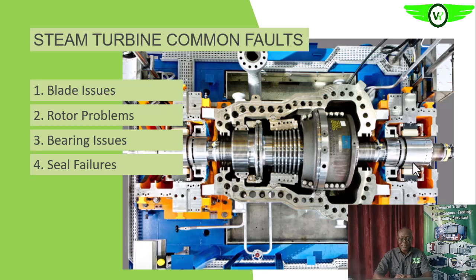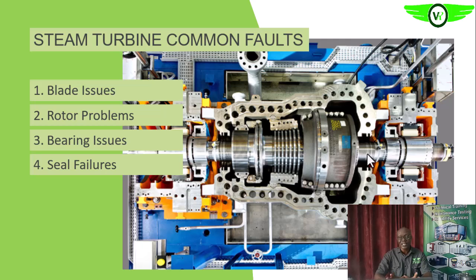Then seal, mechanical seal failure. Remember earlier in the section we discussed the function of the seal. So here we have the seal, that is what we have here, and here. The function of the seal is to contain the steam within the steam turbine.